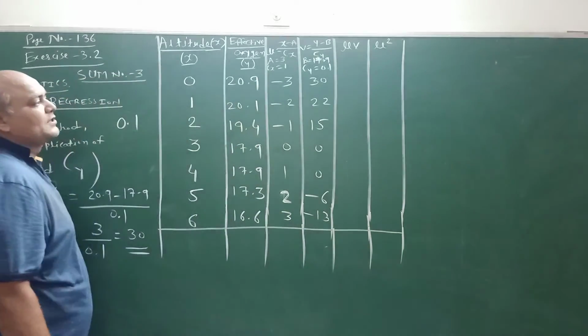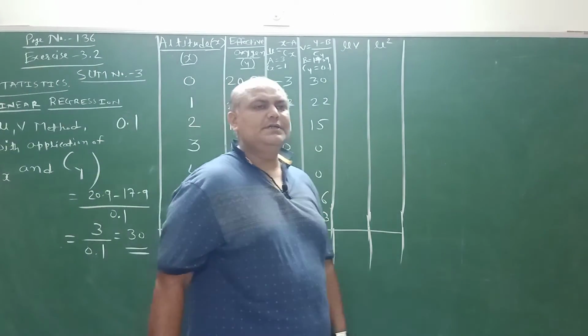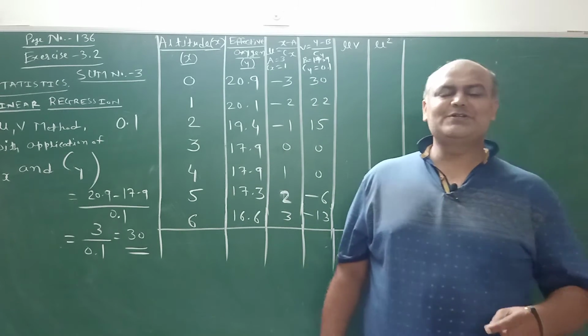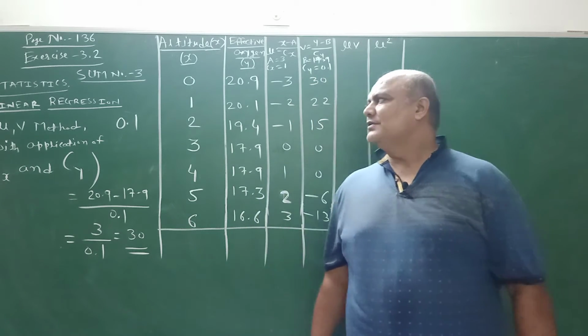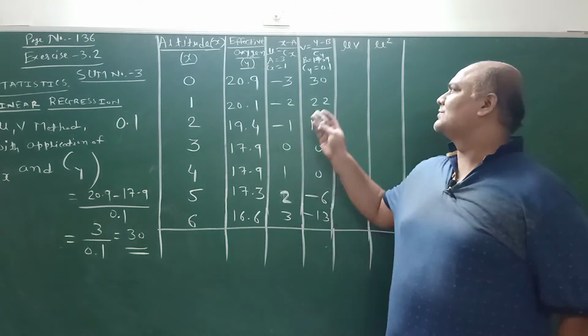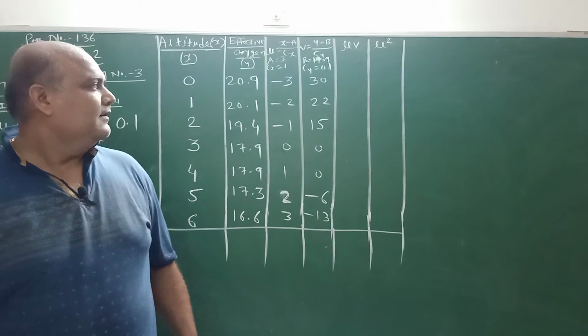Now we prepare two additional columns. Students, all the digits of x are divided by 1 and all the digits of y are divided by 0.1. All the digits of x are subtracted by 3 and all the digits of y are subtracted by 17.9.